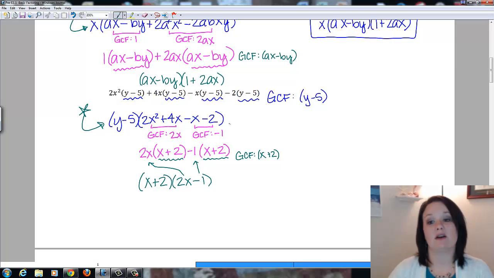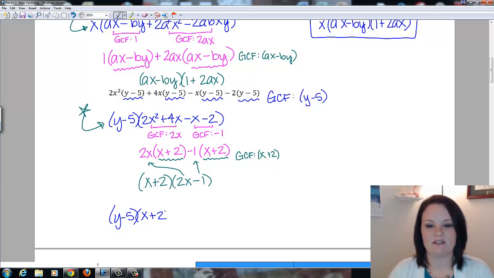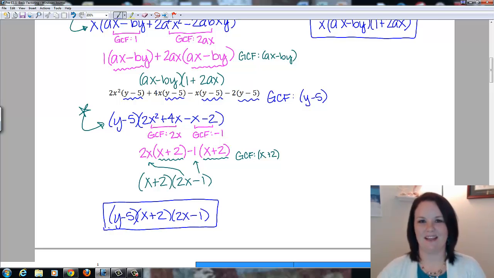So I need to put that quantity back on the front again. My final answer is going to be y minus 5, which is my original greatest common factor, and then the factors I got from factoring the remaining 4 terms, which would be x plus 2, 2x minus 1. And now I have my expression fully factored.